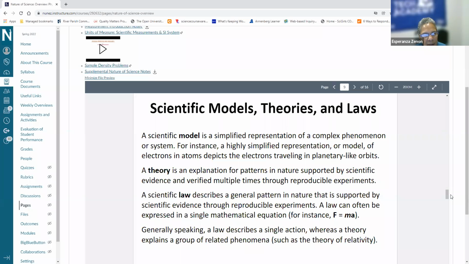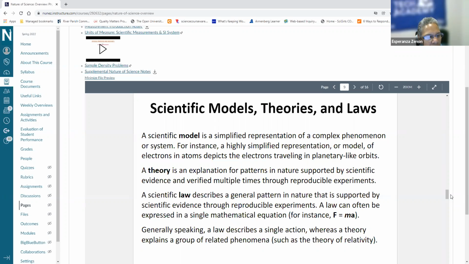Okay. And here's the thing that, to me, is most important about all of this stuff that we call science. It is not set in stone. A lot of people think theories can change, but laws can't. Absolutely wrong. All of it can change. None of it is set in stone.